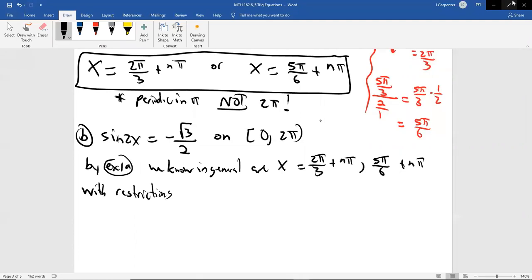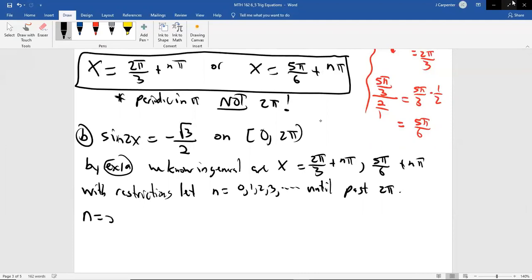And then maybe there's another one if we add another 180, and another one if we add another 180. So we just need to actually go through n equals 0, 1, and 2 until we get answers that are bigger than 2 pi. So with the restrictions, we just let n equals 0, 1, 2, 3, and so on, until we're past 2 pi.